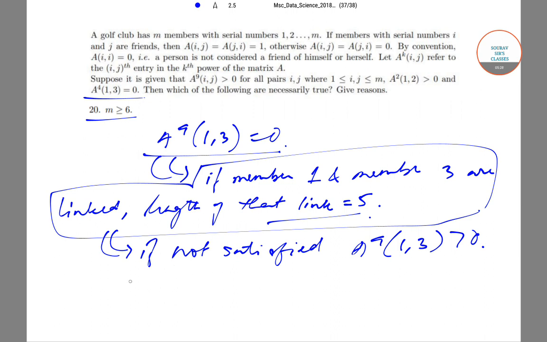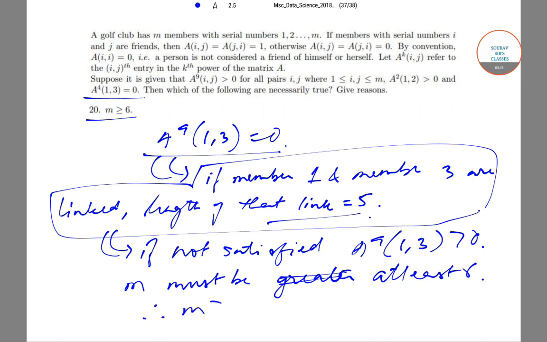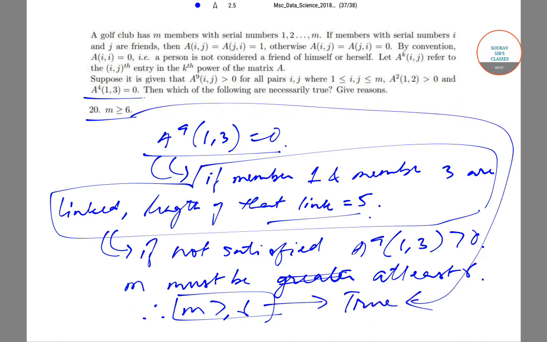So basically m must be at least 6. Therefore m must be greater than or equal to 6, and this implies that the statement here is true.